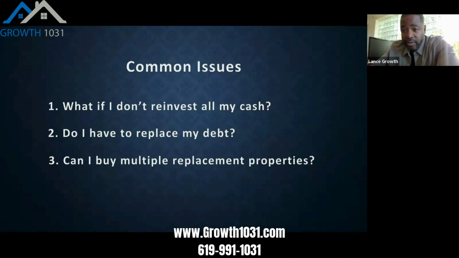Even if you only have 250,000 cash, that typically means you'll probably have to get a new loan, because most people just don't have 200,000 laying around. So it was common that people replace their debt, but it doesn't have to be debt. You can get cash out of pocket, cash from a friend, add cash to the transaction, whatever means you feel necessary, just as long as you hit that threshold that you sold at.